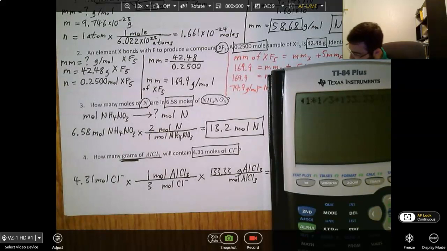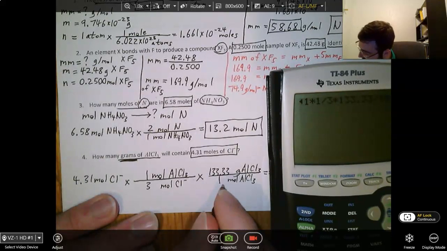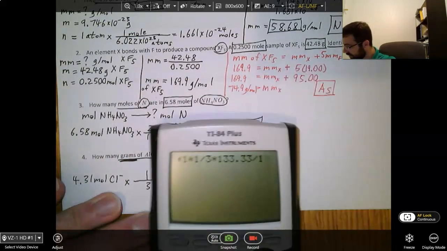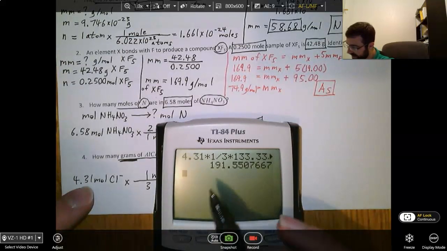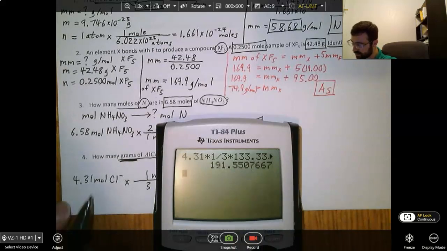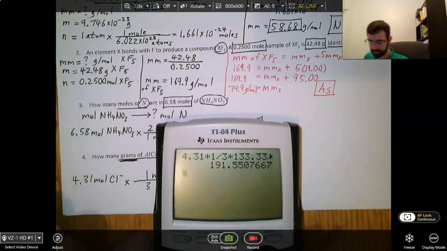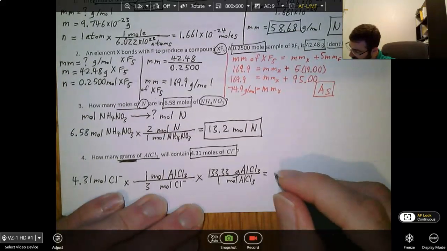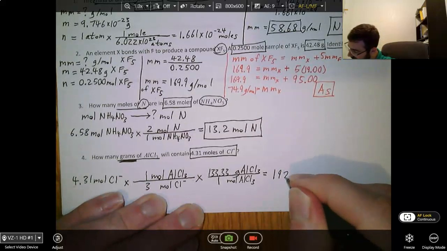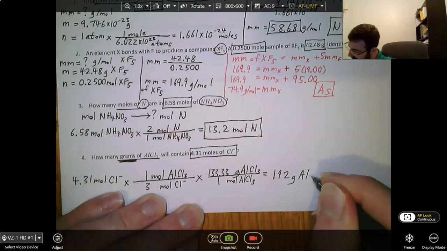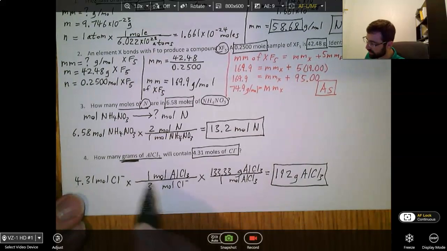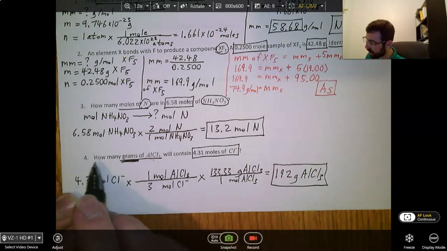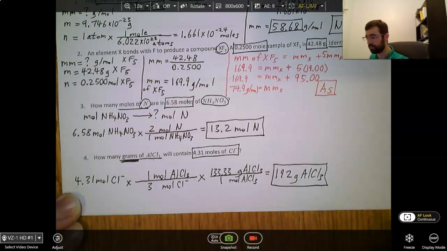There should be a 1 here. 1 mole of AlCl3 has that mass. Get an answer, 191.55 and so on. 3 sig figs would just be 192 grams of AlCl3. As always, double check to make sure your units match what you're looking for. Grams of AlCl3 is all it asked for, and that's what I have now. Okay, that's our first page.